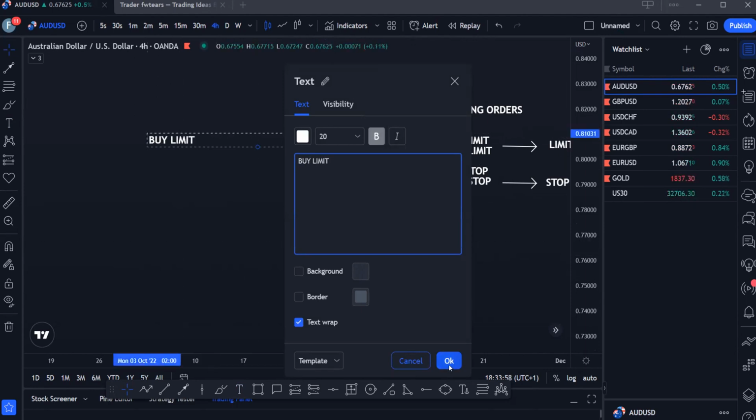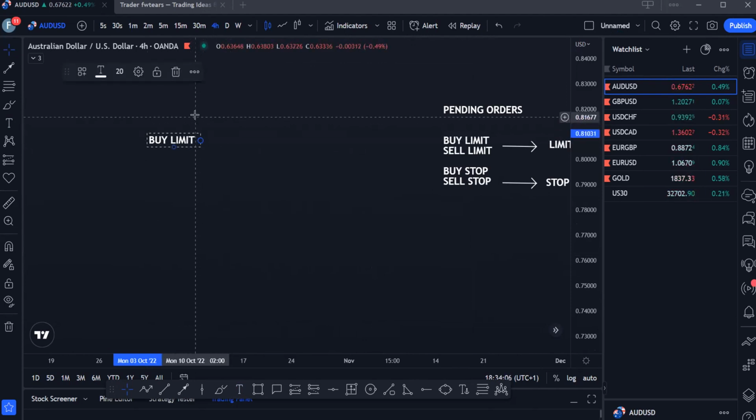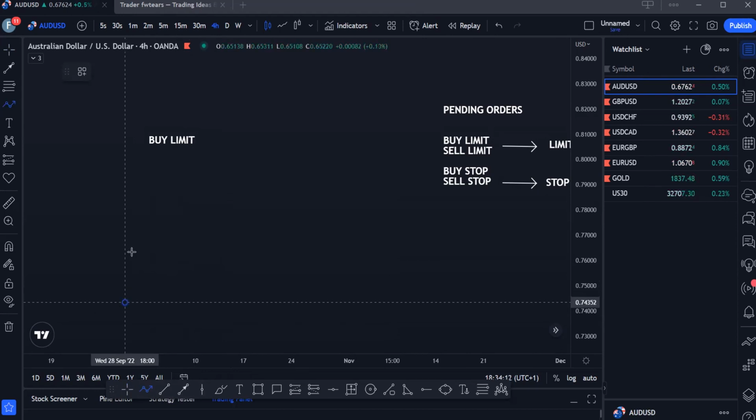Buy limits. A buy limit is a scenario whereby you want to enter a reversal buy. So let's say you have a market scenario where price is possibly going like this.